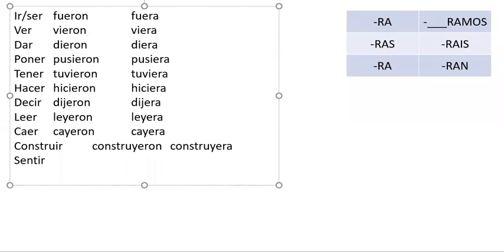The single letter change is E to I, not E to IE. So in this third person plural form, S-I-N-T is our stem, and then we add our I-E-R-O-N. So sintieron. And that means S-I-N-T is also going to be in our conjugation here, sintiera.